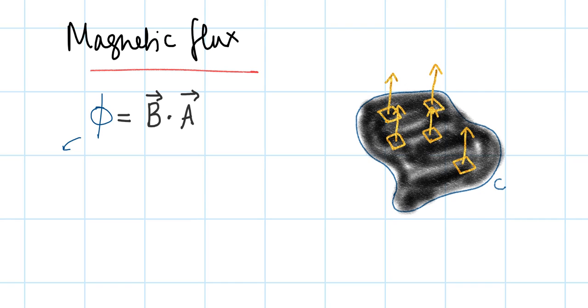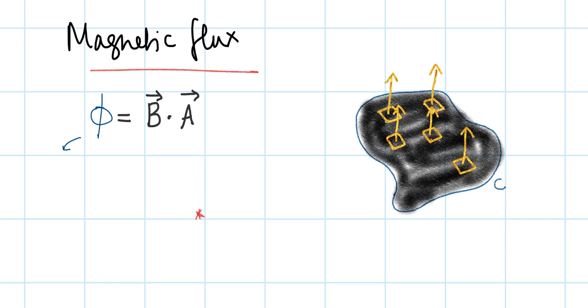Now let us see what happens if some magnetic source generates a magnetic field at some location far away from this surface. Let there be some magnetic source producing magnetic field in the entire region, which means at every point on the surface there will also be a value for the magnetic field.